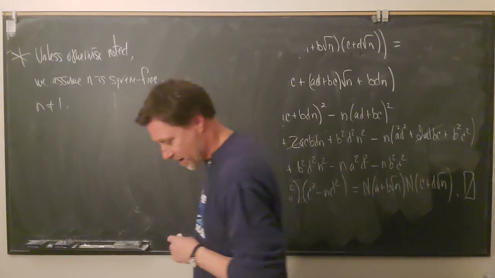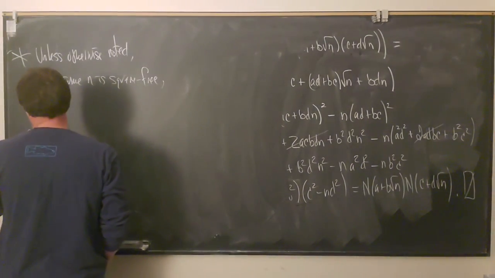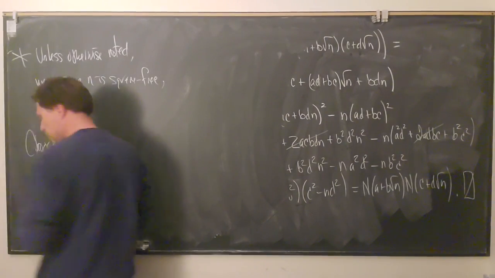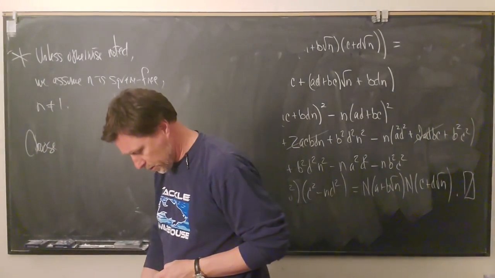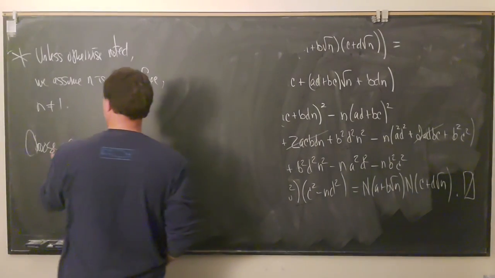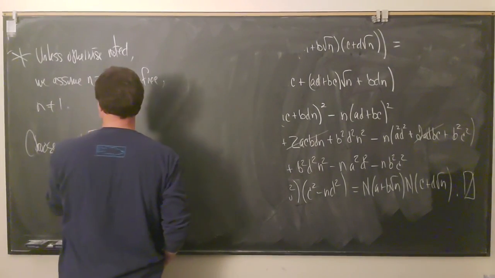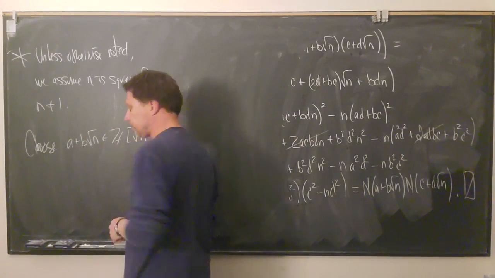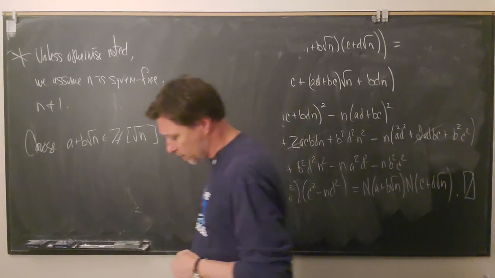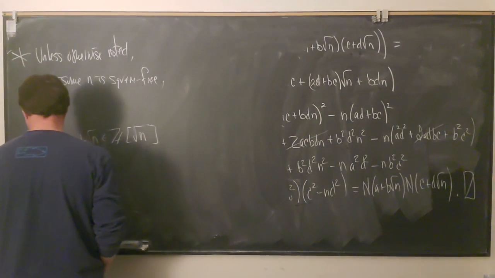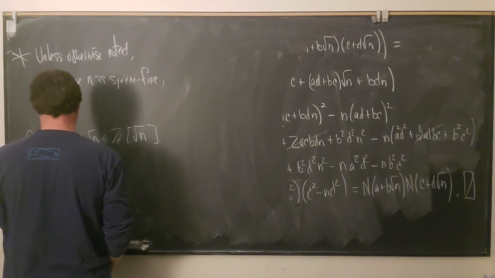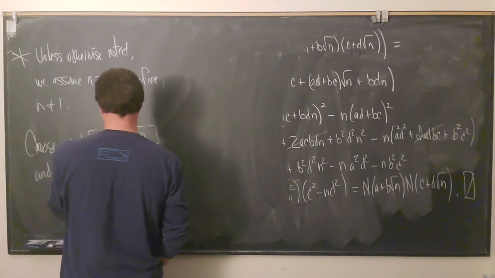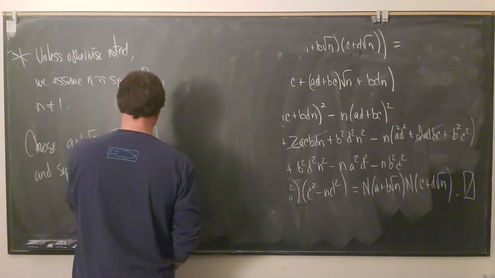Okay, so now I want to choose an element. So let's choose A plus B root n in Z bracket root n, and suppose that when we apply the norm, the norm of A plus B root n is equal to plus or minus 1.